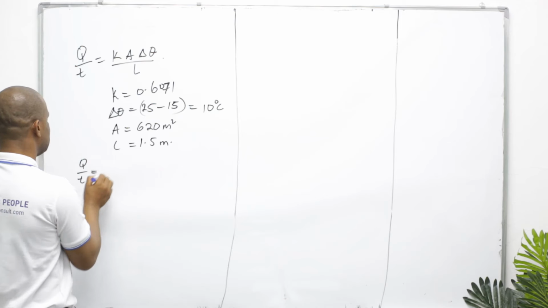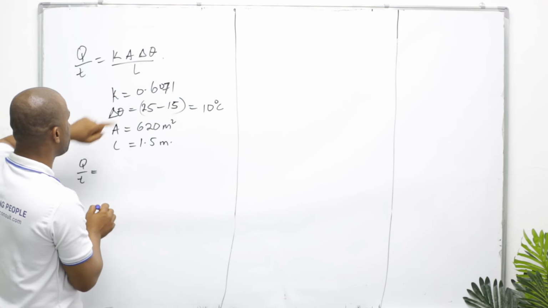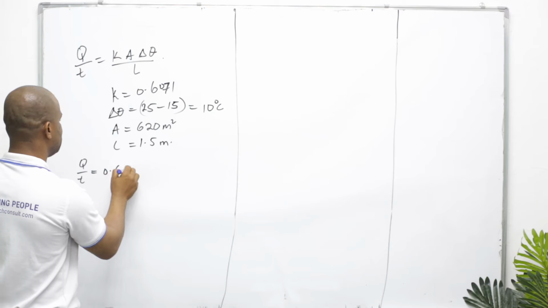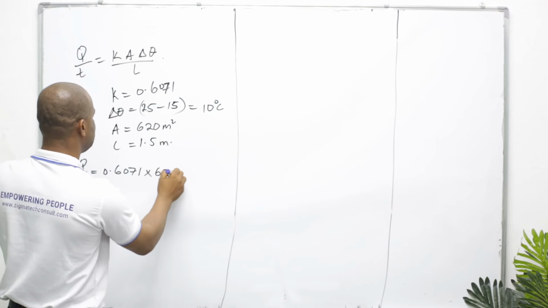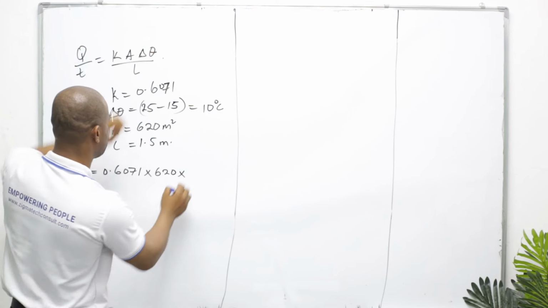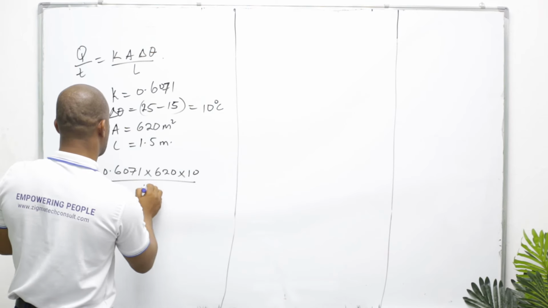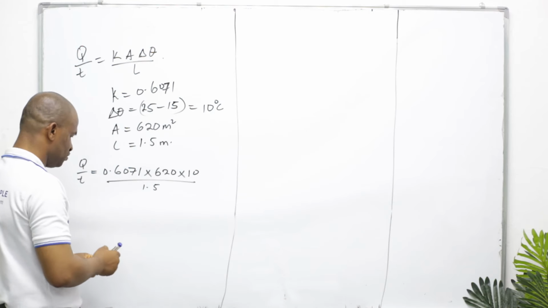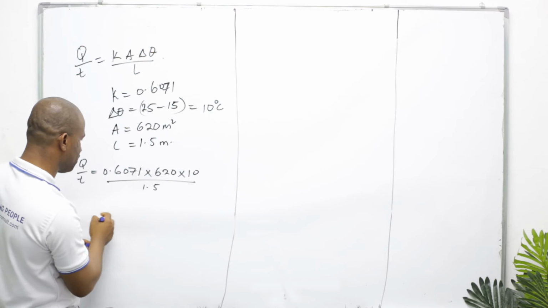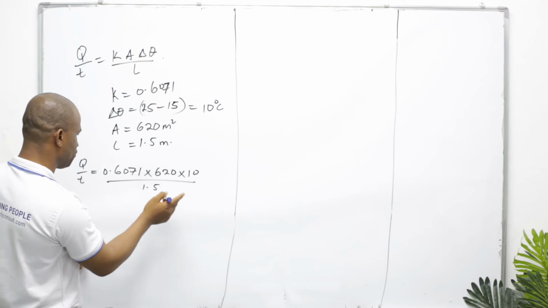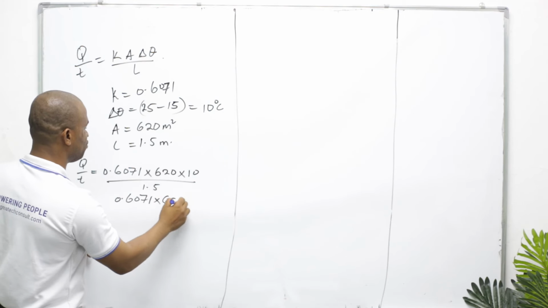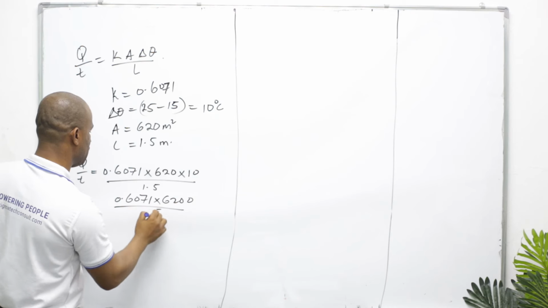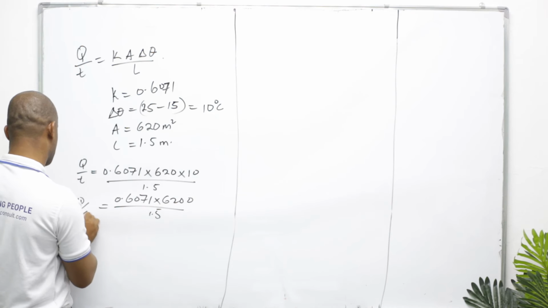Q over T is K, 0.6071, times area 620, times change in temperature 10, all over 1.5. So you can just use your calculator: 0.6071 times 6200 all over 1.5, which is equal to Q over T.